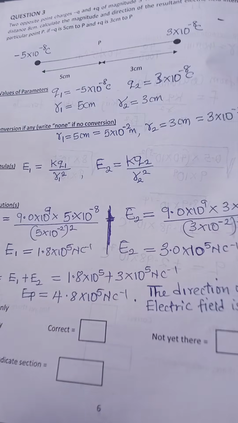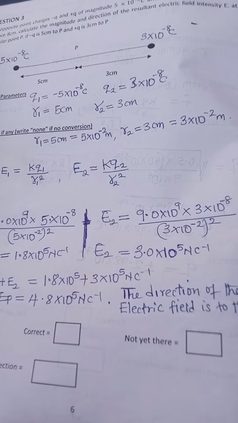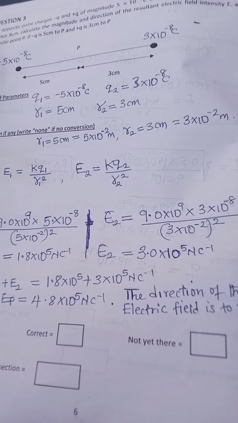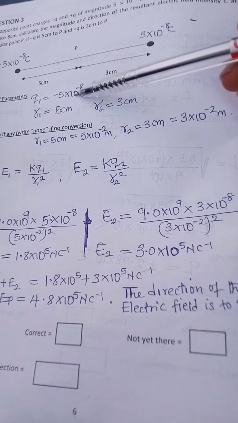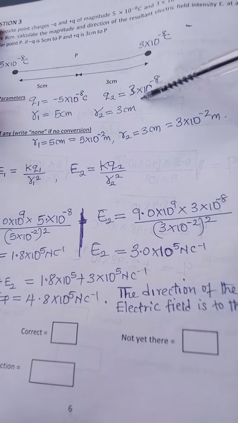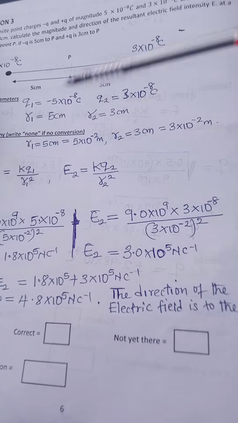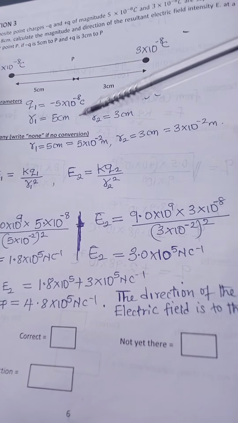And after the diagram, you can see exactly what you are going to write. This shows that Q1 is equal to this, and my Q2 is equal to this. This is R1, and this is my R2 from the diagram.